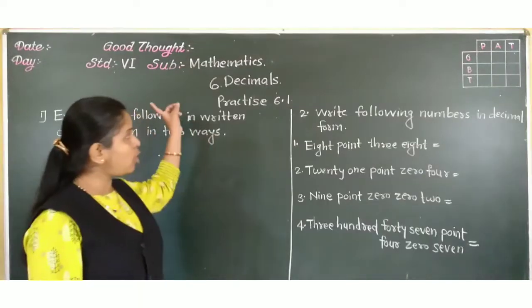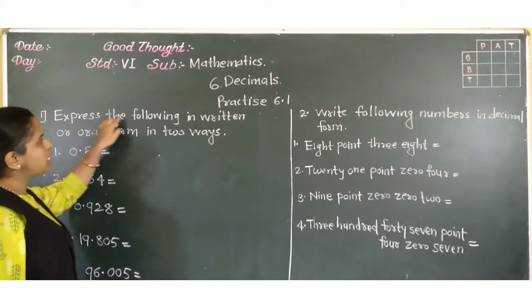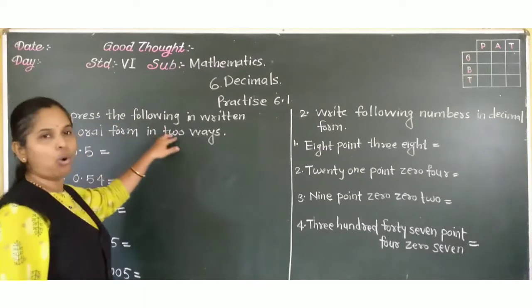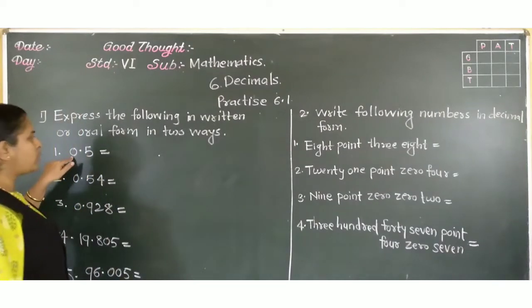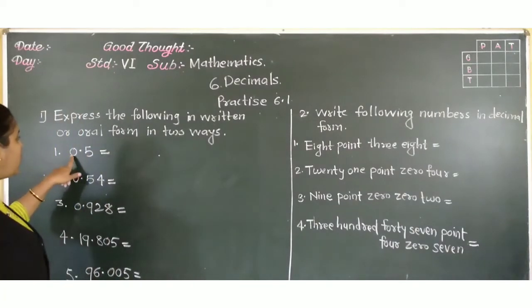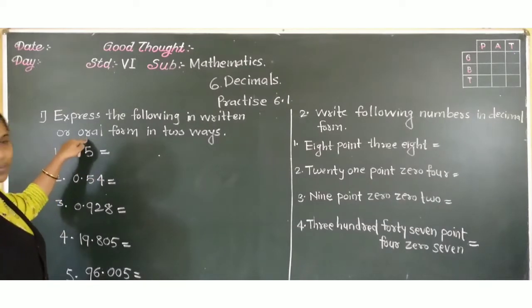Okay. This is called practice 6.1. In that question number 1 is express the following in written or oral form. In two ways we have to write. Okay. So see here, how to write it? Either we can write 0.5 or 5 tenths, because 5 is there at tenths place.